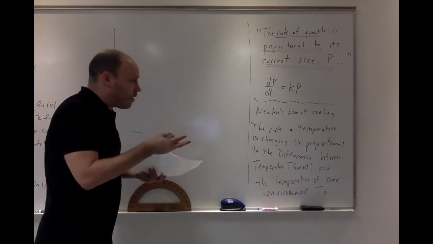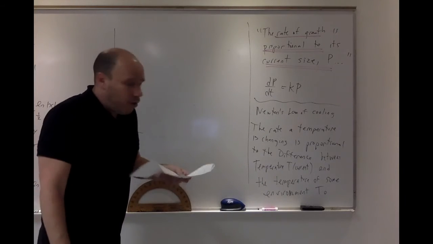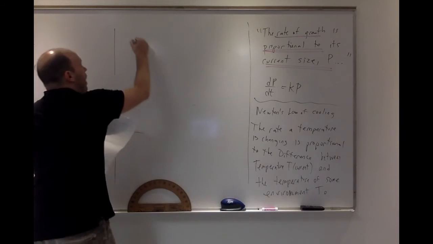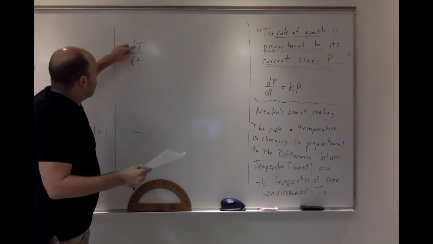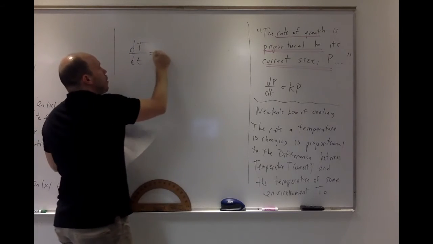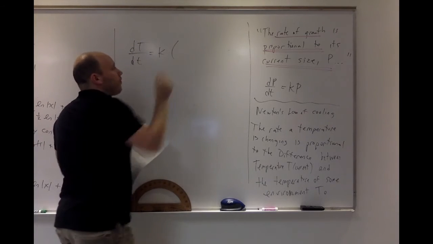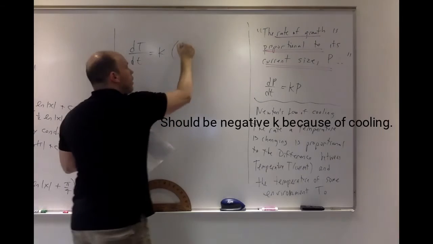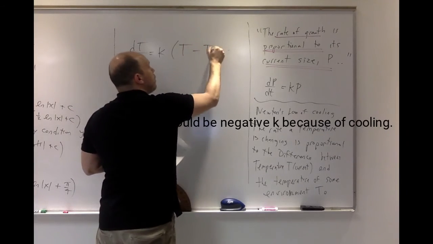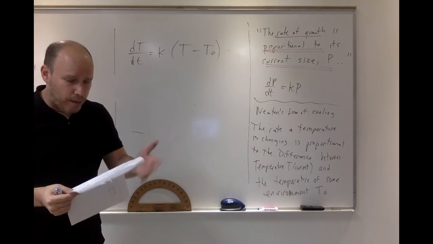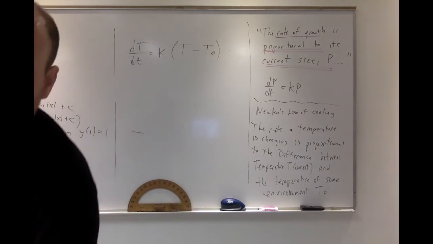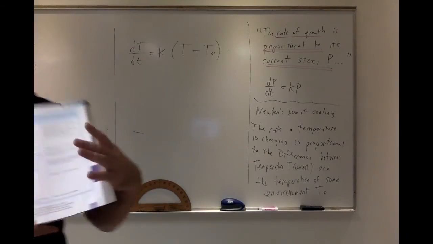And let's make that into an equation. So we have dT over dt, the rate over time the temperature is changing, is proportional to the difference of the current temperature minus the environment. And so let me read a problem out of the book.